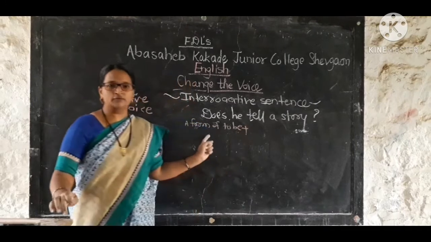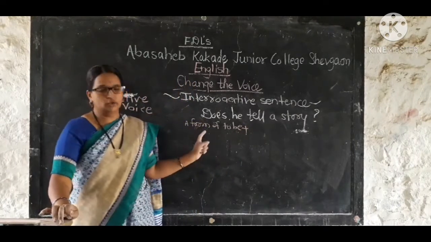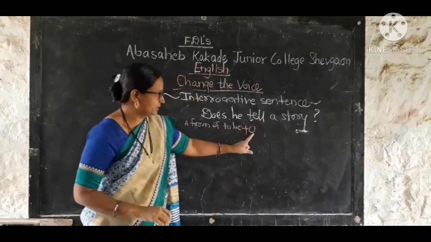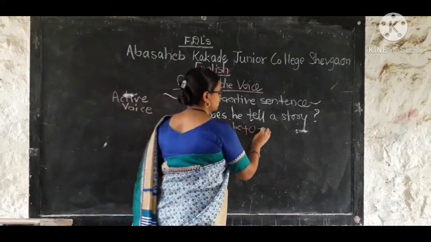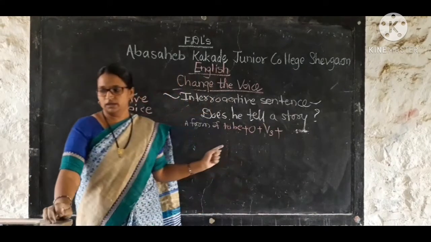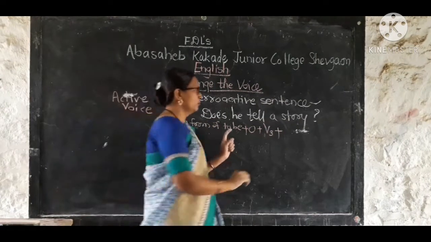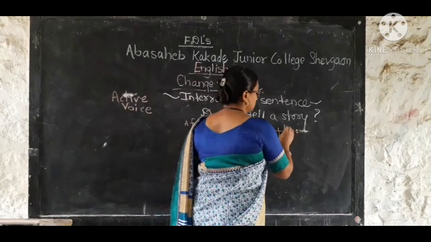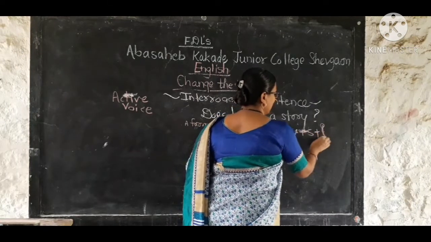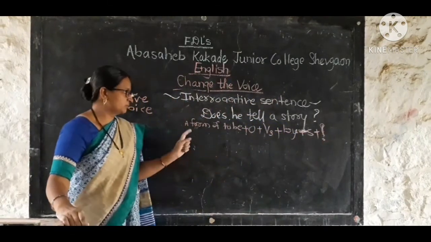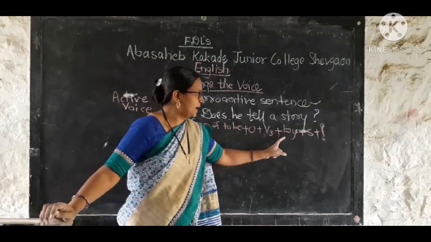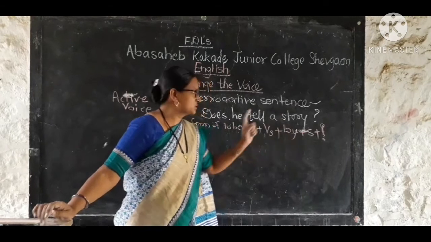A form of to be we have to use. Then we have to use object from the sentence. Then we have to use V3 or third form of the verb. Then we have to use by, then subject, and at the end we have to use question mark. A form of to be, then object, V3, by plus subject plus question mark.